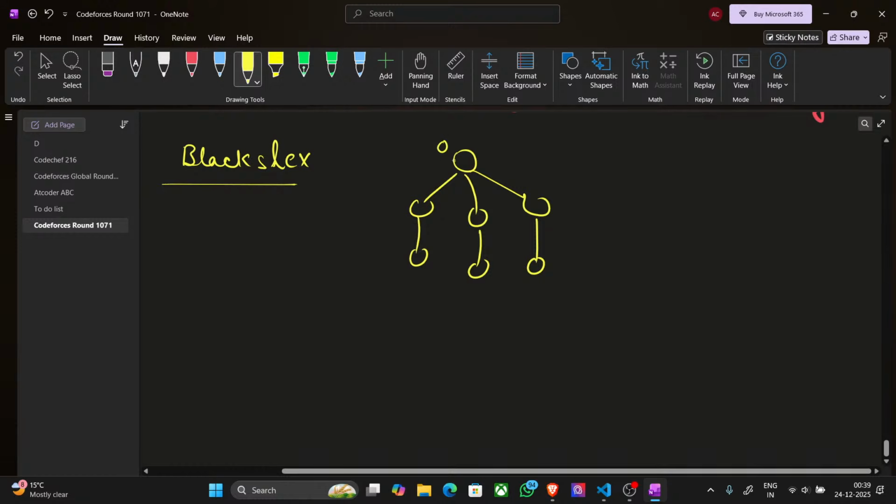If this particular point is marked as 0, then its children will be marked as 1, then its children will be marked as 2, right? Then its children again marked as 0. So the flow chain will look like: 0 is the parent, then 1 is the children, then 2 is the grandchildren.